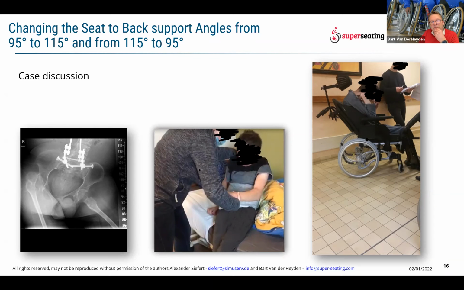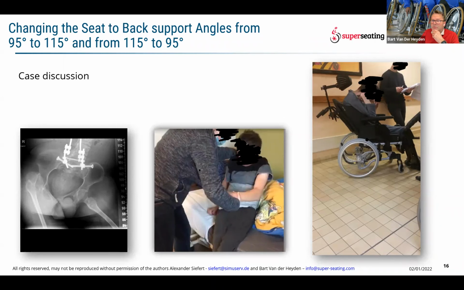In the middle picture you see the client seated on the edge of his bed. And then when he's sitting in his wheelchair, he sits with an open thigh to trunk angle, and we don't really know what the impact will be on tissue, friction, and stability of the client.